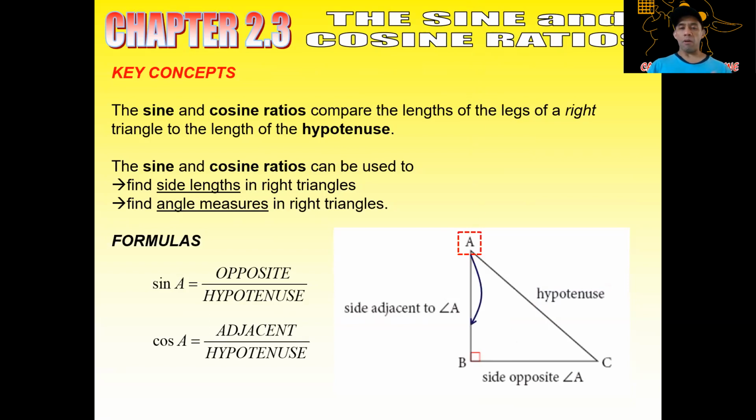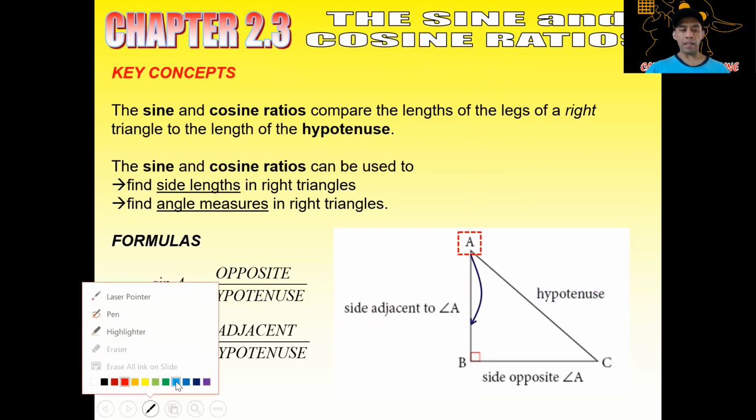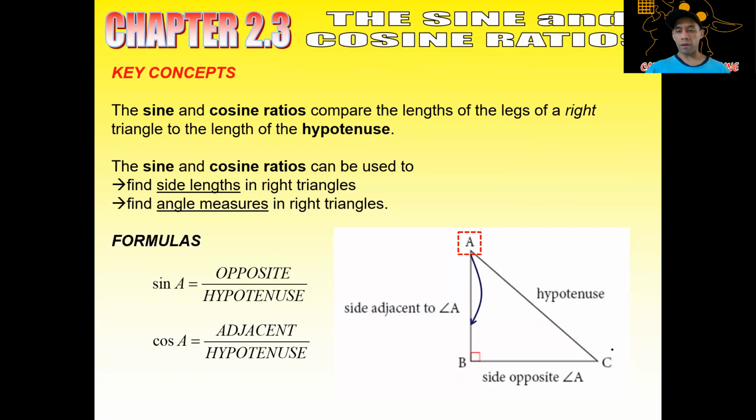Now, it's going to be a little different if you're looking at angle C in this diagram, which I'm going to indicate with the blue circle over here. First of all, the hypotenuse is always the hypotenuse because it's the side directly across from the box.